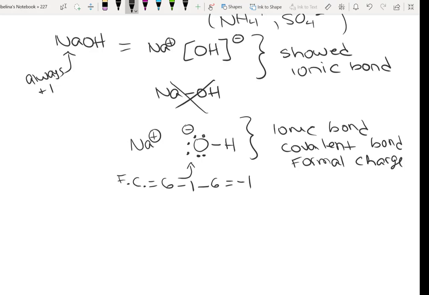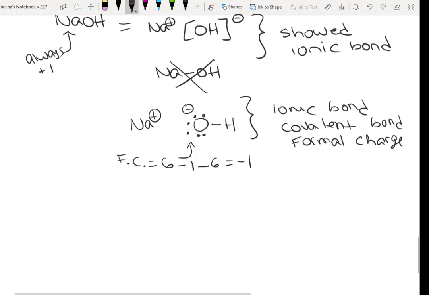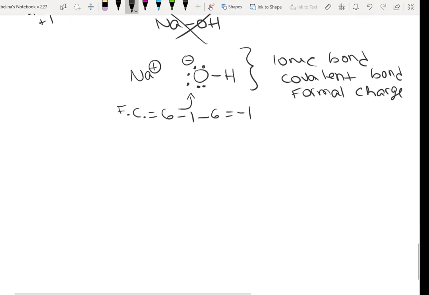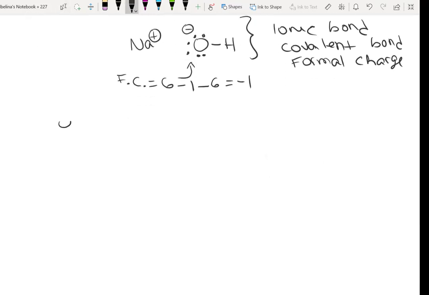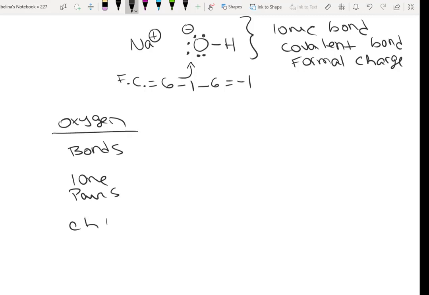Now I always tell students, memorize when nitrogen, oxygen, and carbon have formal charges because we just use them so much in organic chemistry. So let's make a little list. So for oxygen, count the number of bonds, lone pairs. What charge is that going to be?